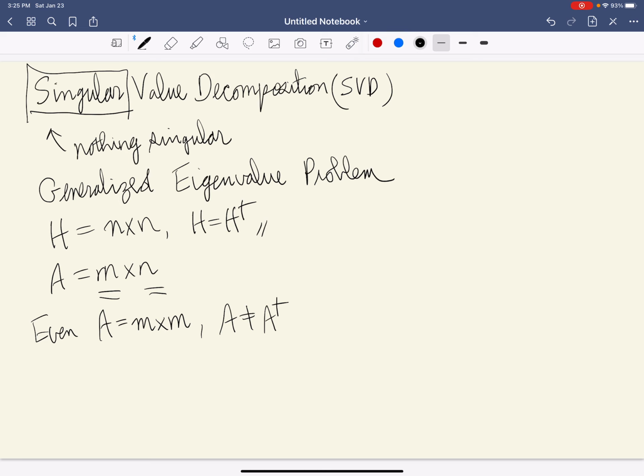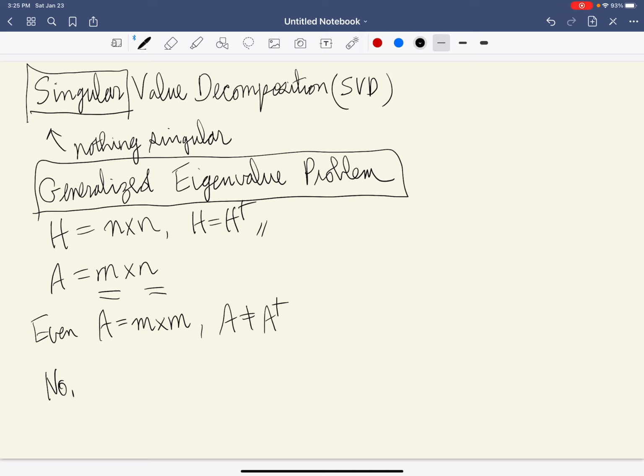Does that mean that the entire idea of eigenvalue and eigenstates fail completely once we move away from the Hermitian condition of a matrix? Well, the answer is no. In fact, there's something like the eigenvalue, something like the eigenvector, even for matrices that are not Hermitian.